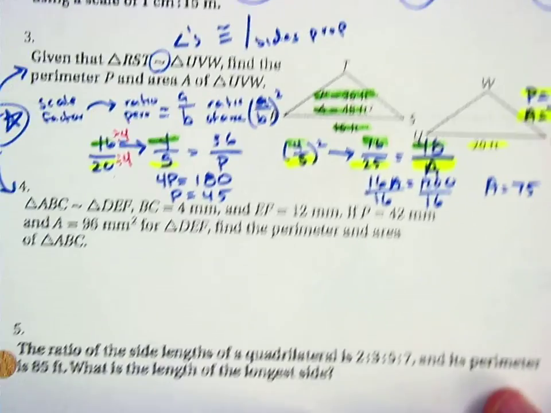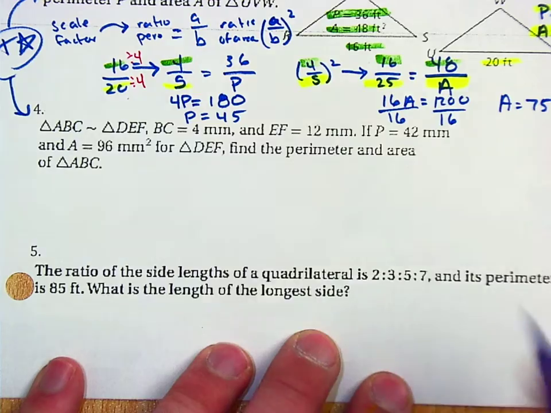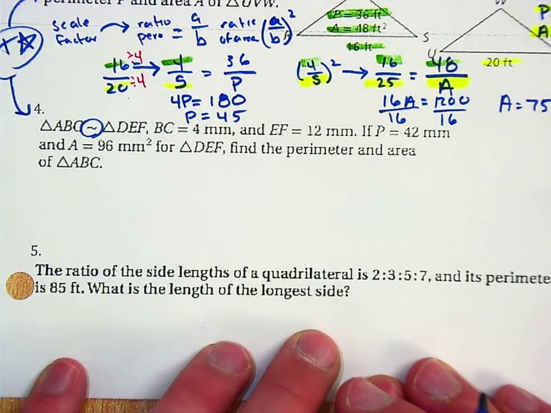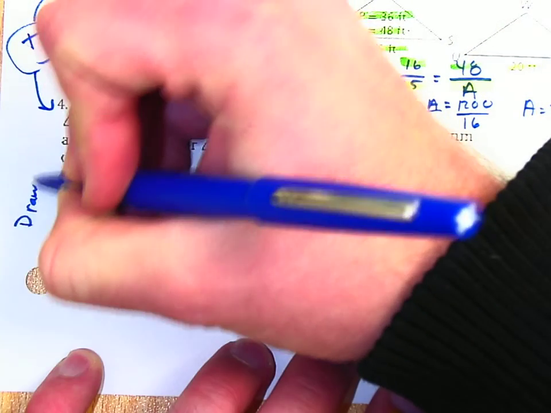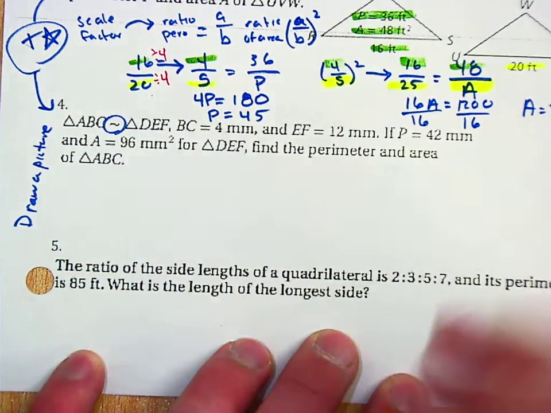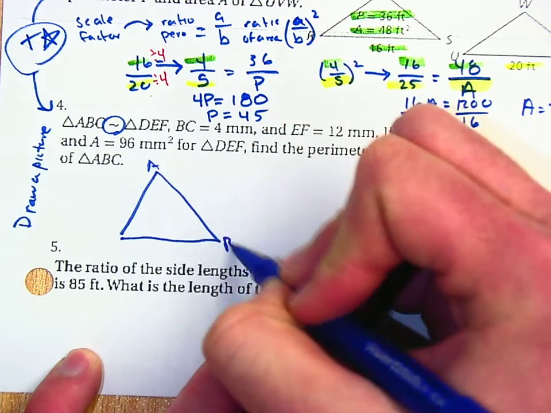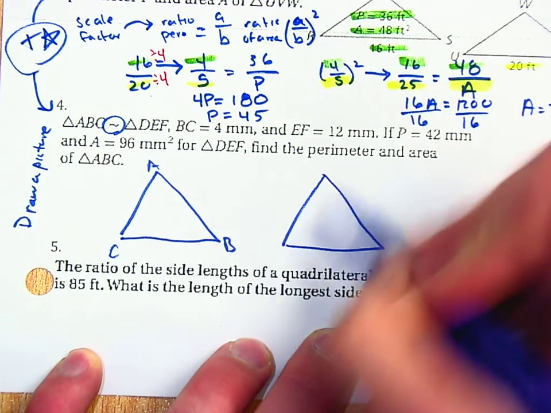Now let's look at number 4. And number 4 is really similar. They tell us that triangle ABC and DEF are similar, but they don't give us a picture. Now on the test, one of the biggest hints I can give you is to draw a picture. So here's triangle ABC, and here's triangle DEF.